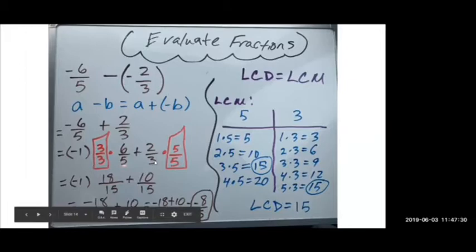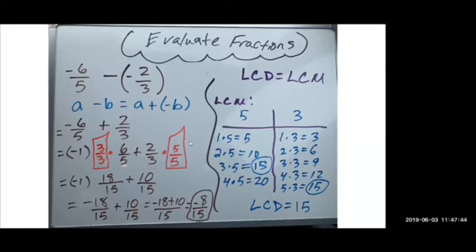Sometimes you can just say I'm pulling it from here, but it's 3/3 times 6/5. Now take the 2/3. What do I multiply 3 by to get 15? 5/5, or you say you're pulling it from here. So I write 5/5. This is really giant 1 because 5/5 is 1 and 3/3 is 1.